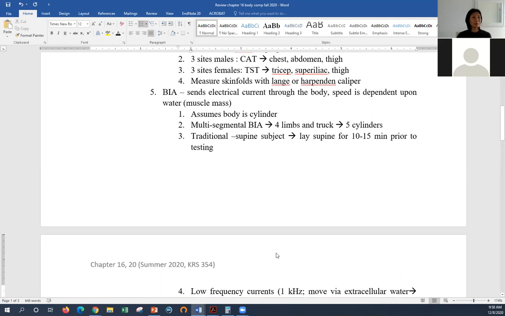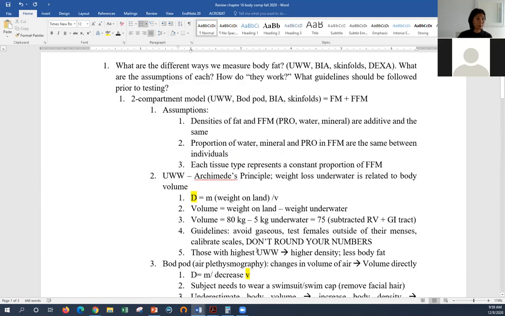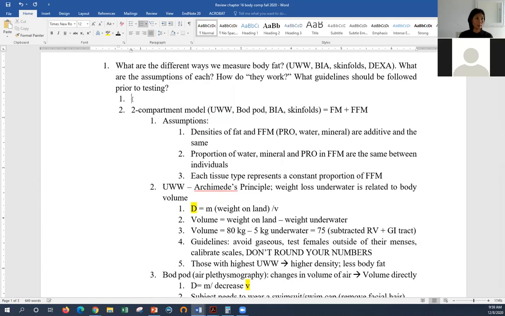And then the other method that I did not mention, I'm going to put it up here, is circumferences. Circumferences are a really great method for determining body composition in the field, for field-based methods, when you don't have the equipment and you're trying to test multiple individuals.